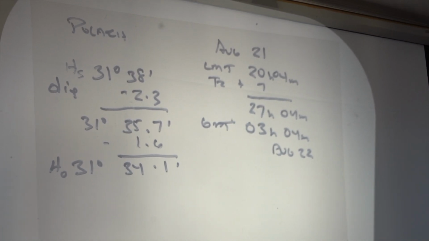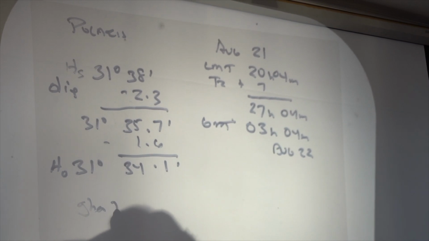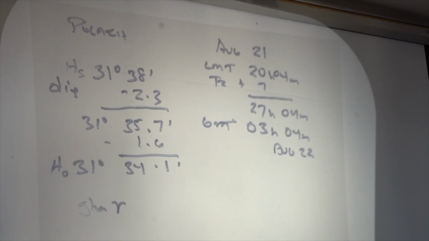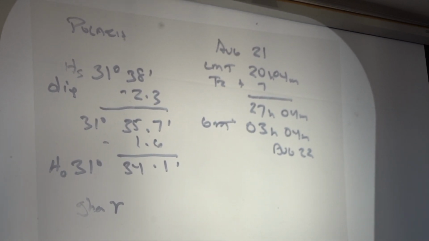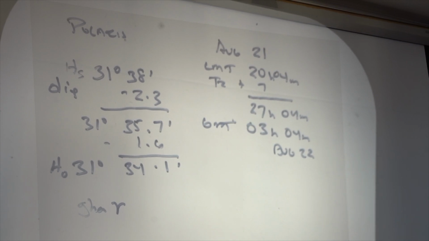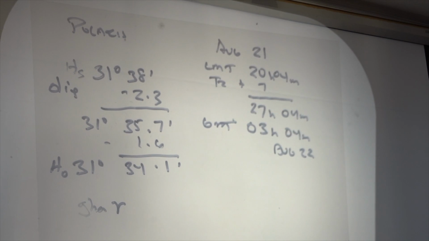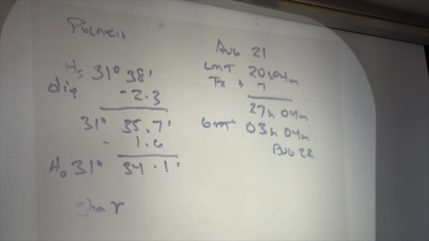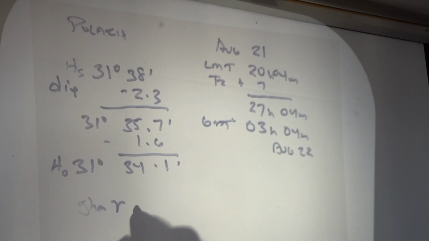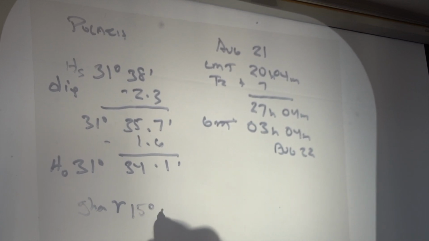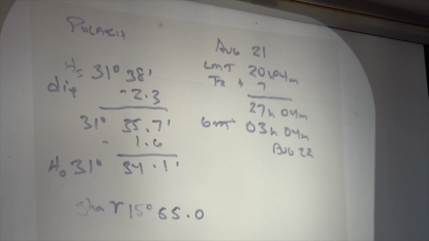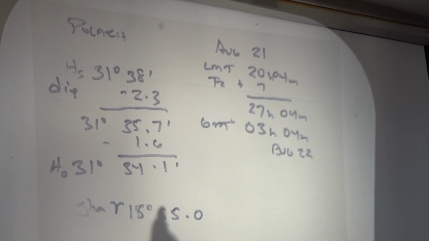Okay, so this is GHA, and Aries is symbolized like that because Aries is the ram, and it's kind of like a ram with its horns. Let me make sure I get this right, 15 degrees, 55.0 is the GHA of Aries.